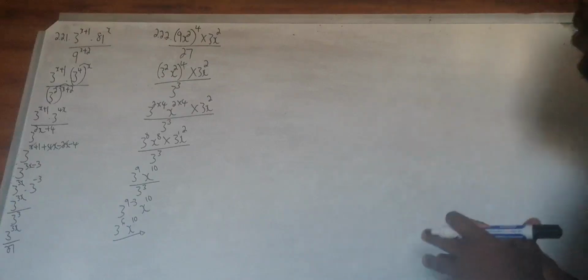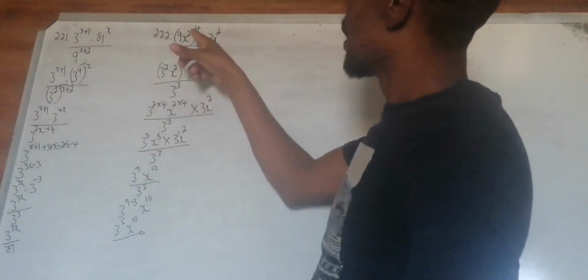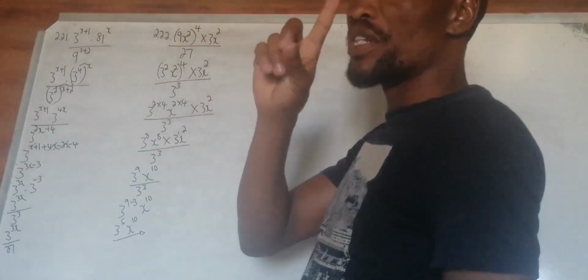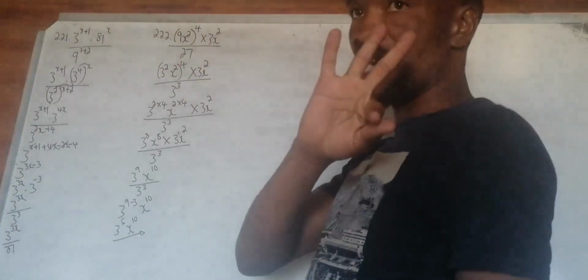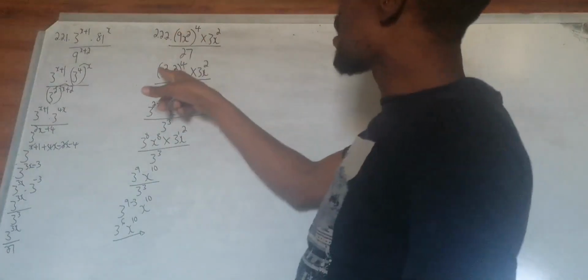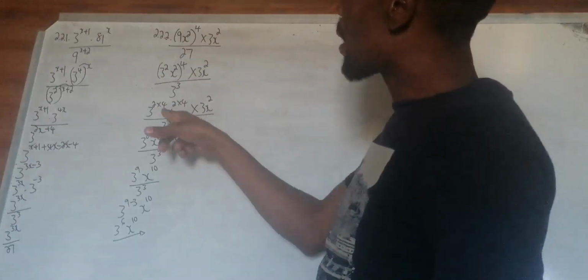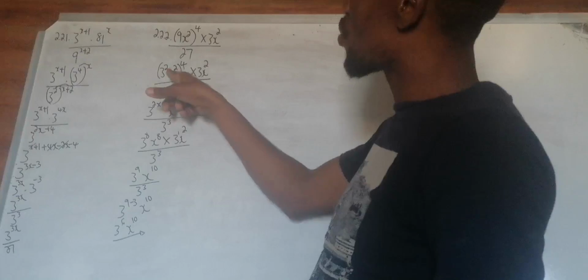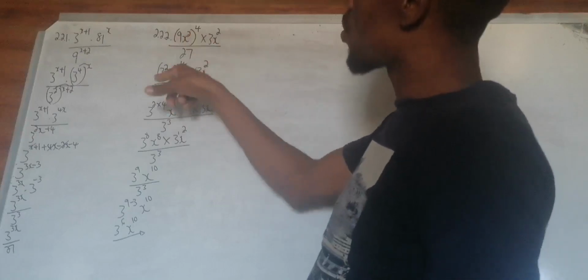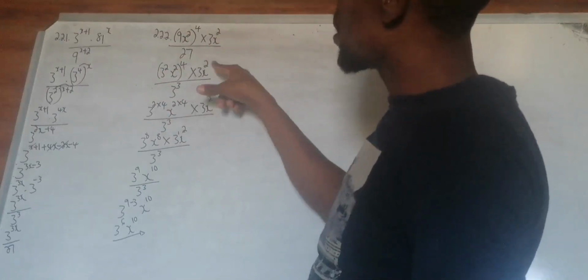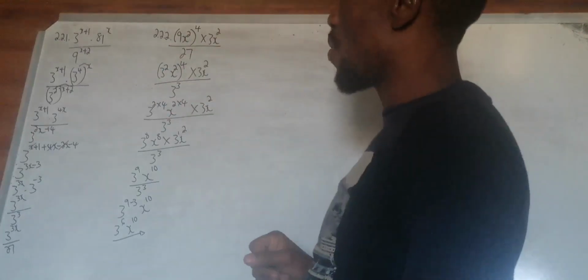Let's review or recap what we have done. Change this problem by converting to base 3. 9 is 3 squared, 27 is 3 to power 3. Now we change 9 to 3 squared, so 3 squared x squared, all inside the brackets exponent 4, and 27 is 3 to power 3.